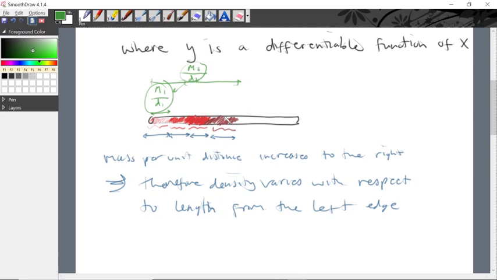In other words, the density varies. It depends on, if we mark the left edge to whatever point to the right that we choose to stop making the measurement of mass. So we have a variable density.